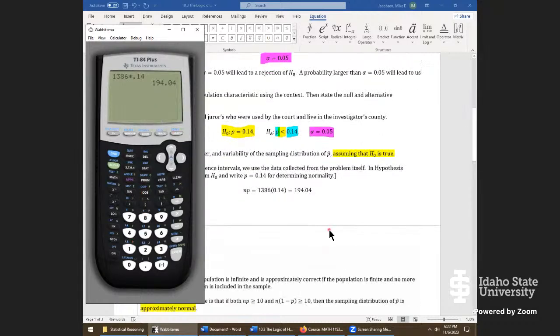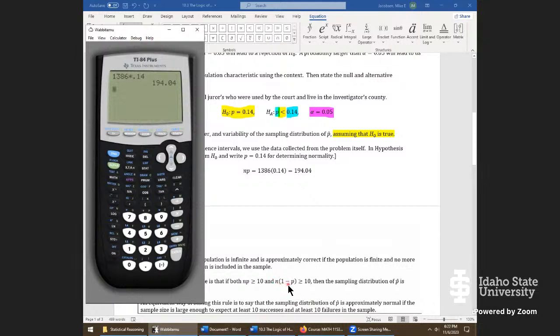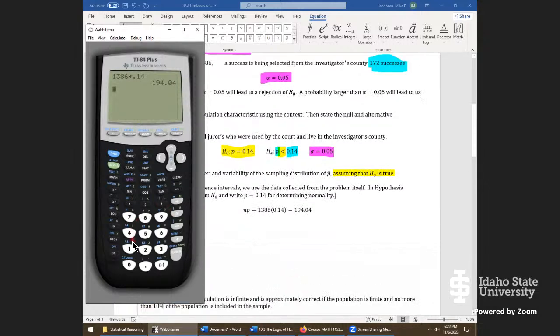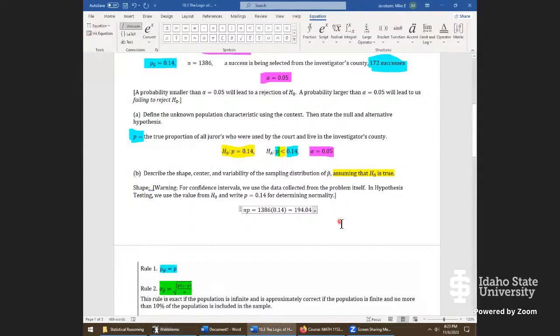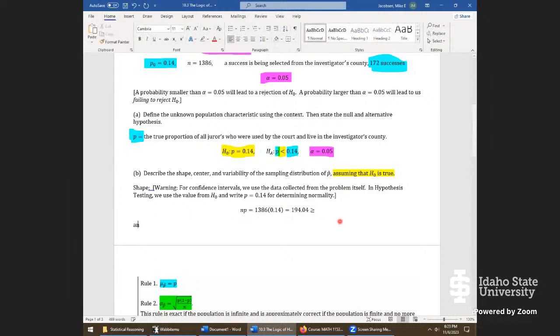The next thing you can do is take this formula, n times 1 minus p, and show it's greater than or equal to 10. Or you could just take the 1386, subtract the 194.04 just calculated, and it'll give you the same exact figure. So let me put down on paper, we have 194.04, which is definitely greater than or equal to 10.